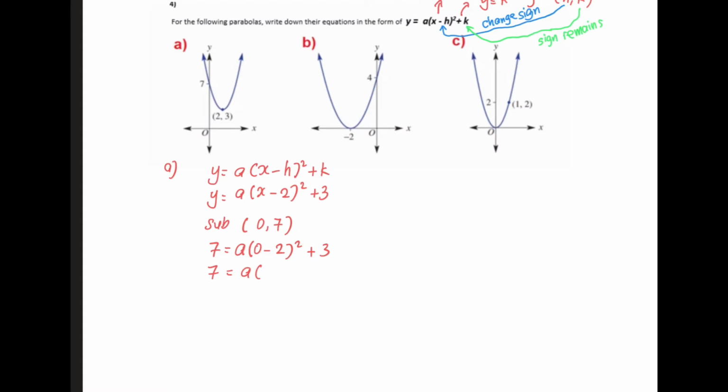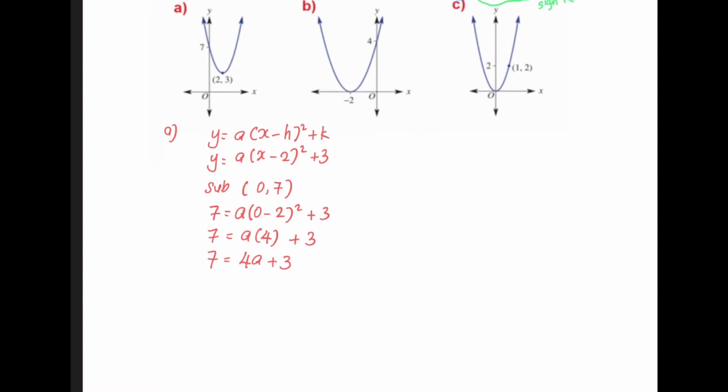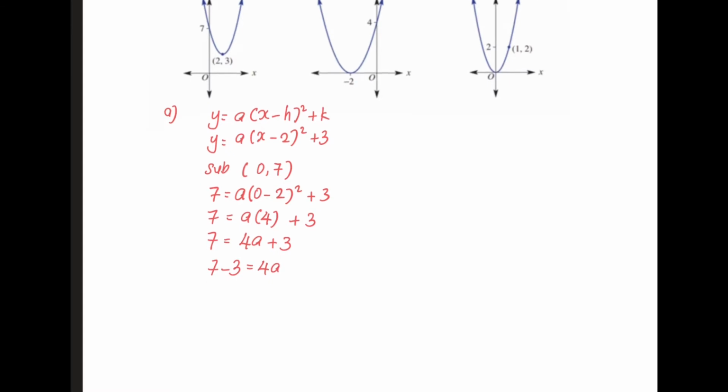So I write down first, it is positive 4. 7 equals 4a plus 3. And we bring the 3 to the left. So we will get 7 minus 3 equals 4a. 7 minus 3 is 4. So 4 equals 4a. So a equals 1.